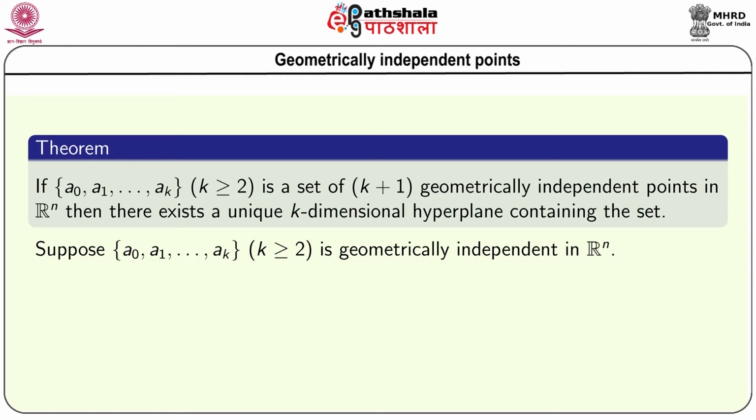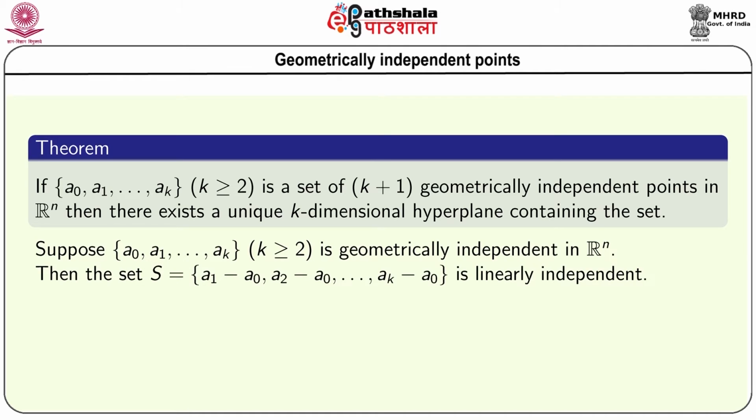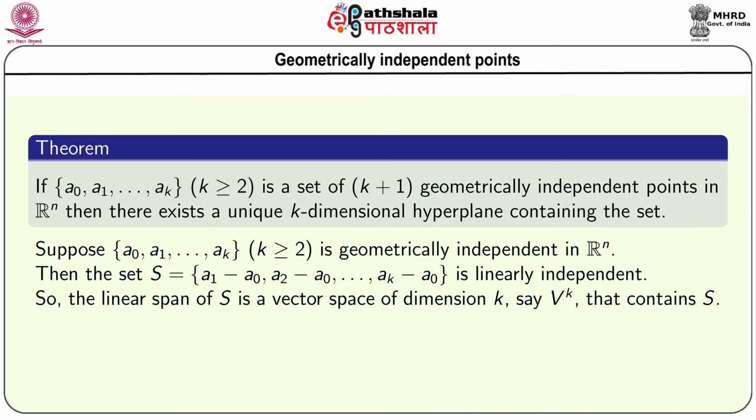Suppose A0, A1, to Ak is geometrically independent in Rn. Then the set S equal to A1 minus A0, A2 minus A0 up to Ak minus A0 is linearly independent. So, the linear span of S is a vector space of dimension k.